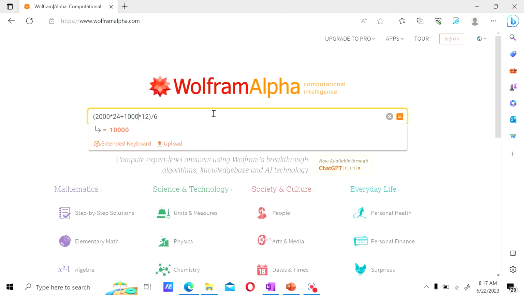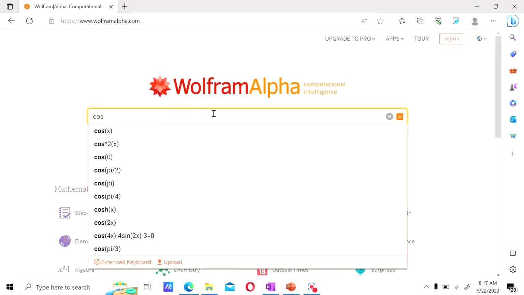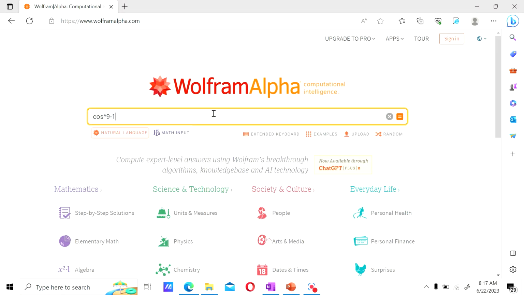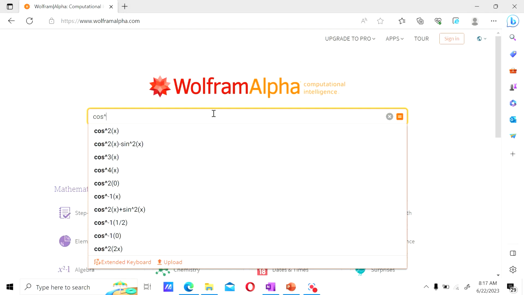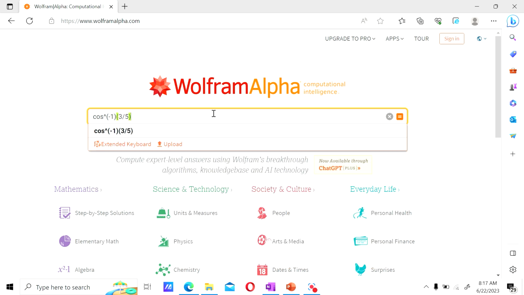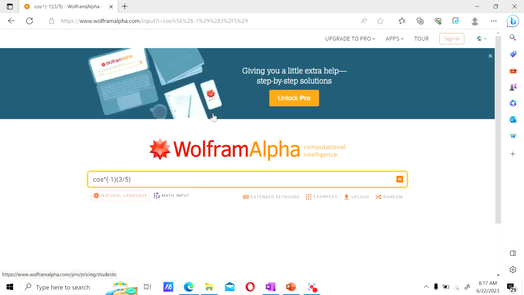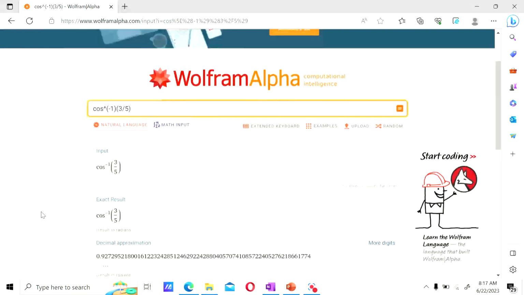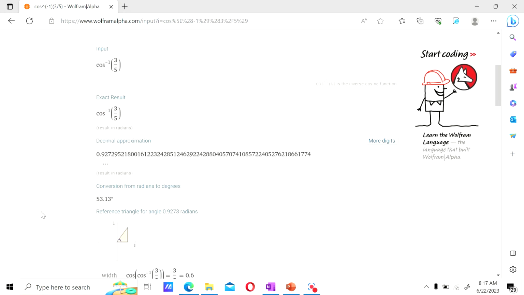So let's do that right now. Cosine inverse of 3 divided by 5, and that is 53.13 degrees.